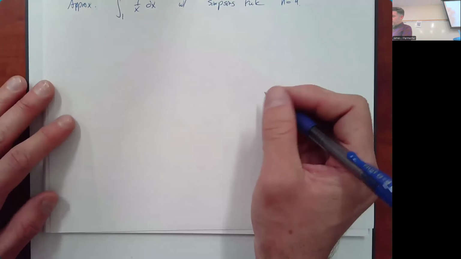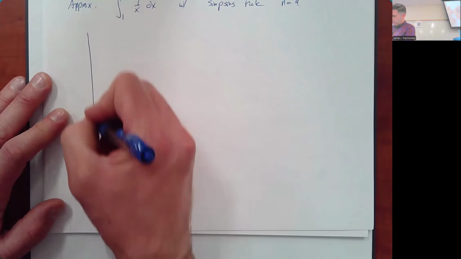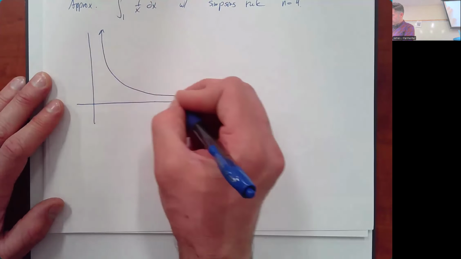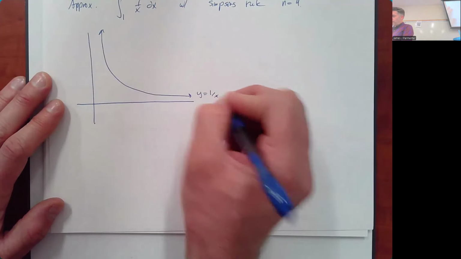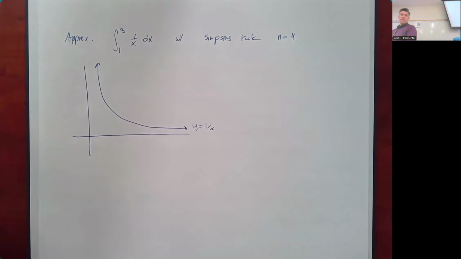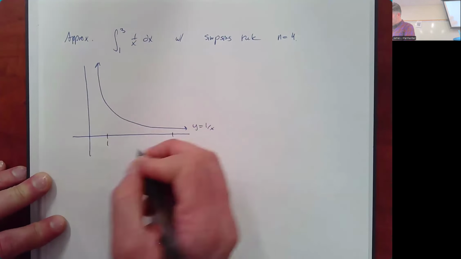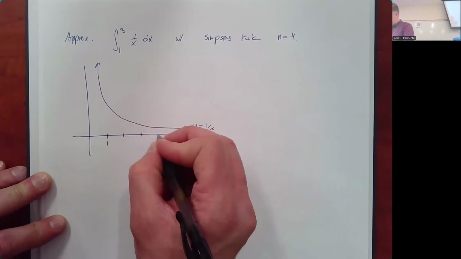So here's the idea. My picture might get a little bit wild here. Same function, y equals 1 over x. And then we're still breaking up the interval from 1 to 3 into 4 equal subintervals.